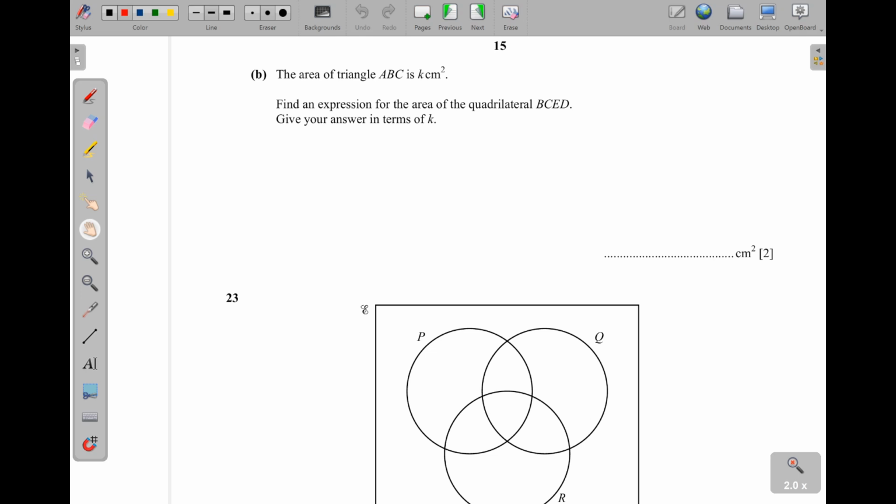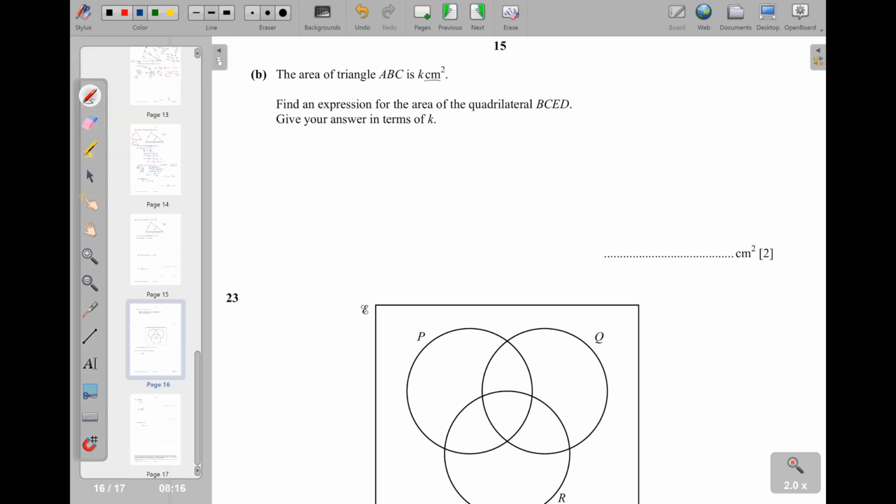Now, area is given in square units. Now, they want us to find an expression for the area of quadrilateral BCD. Let us first go back to this one.